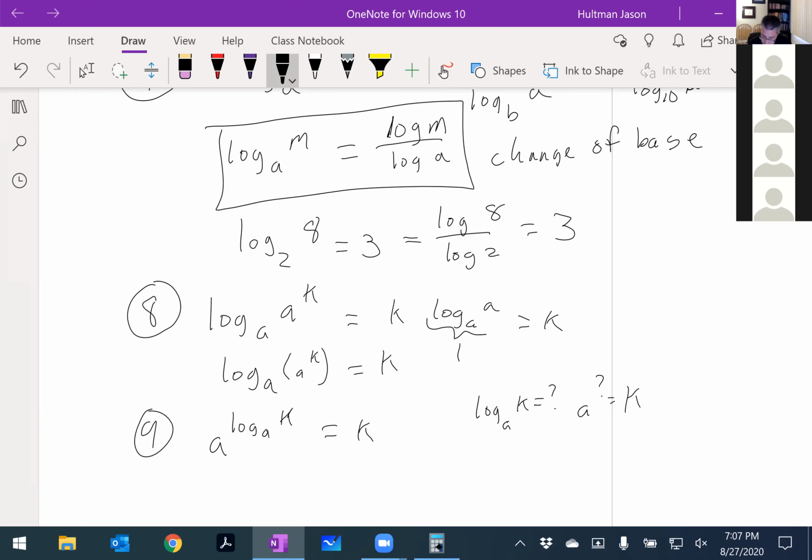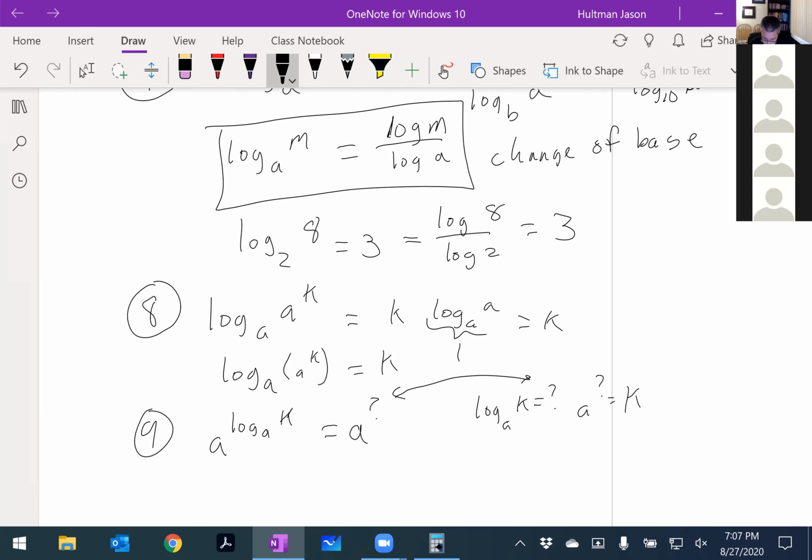That would be the answer to this. So I'm just going to let this guy be the question mark. So this is a to this question mark. Does that make sense?